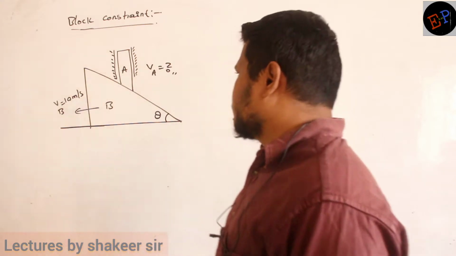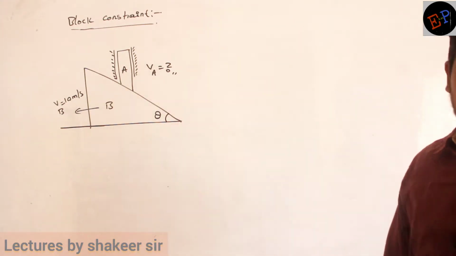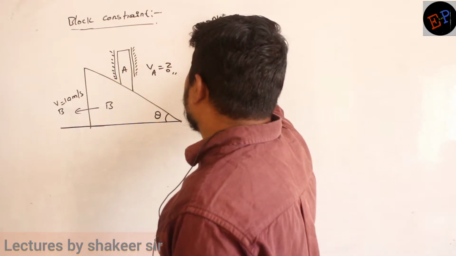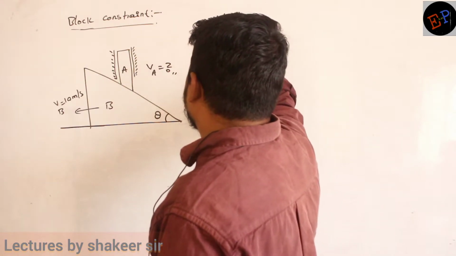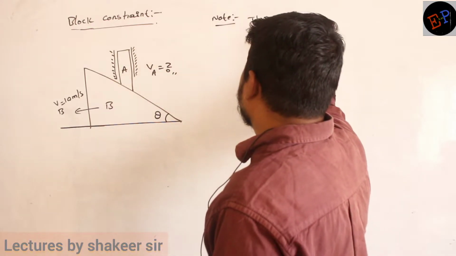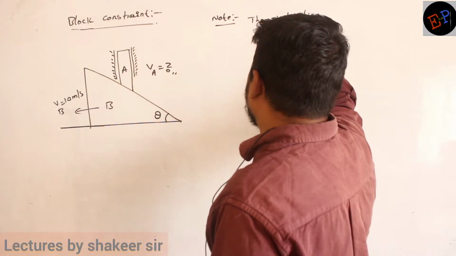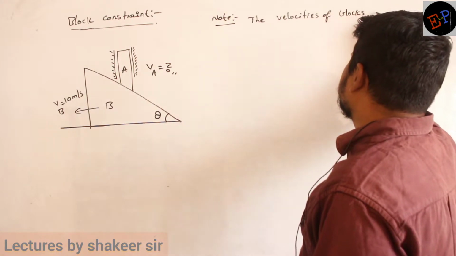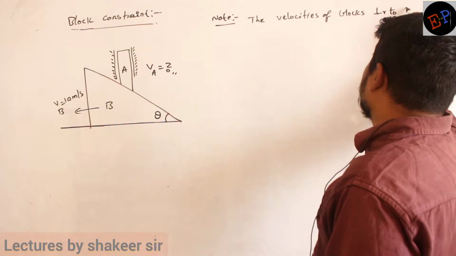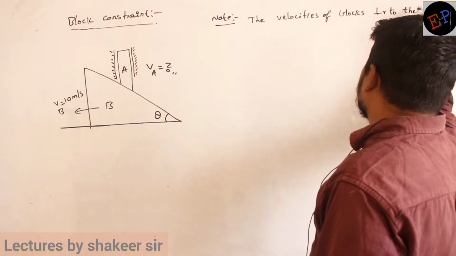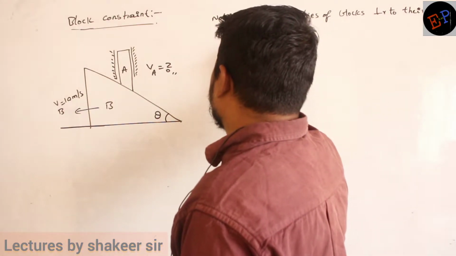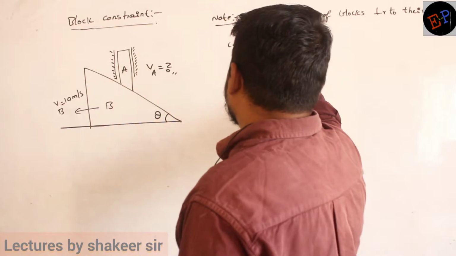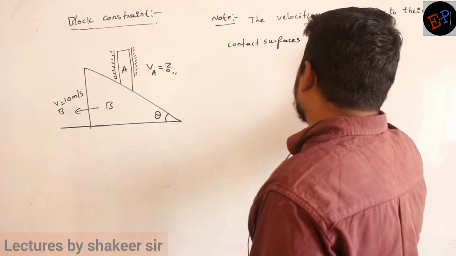To do this kind of problems, we have to understand one basic concept. Note point is that the velocities of blocks perpendicular to their contact surfaces should be equal.